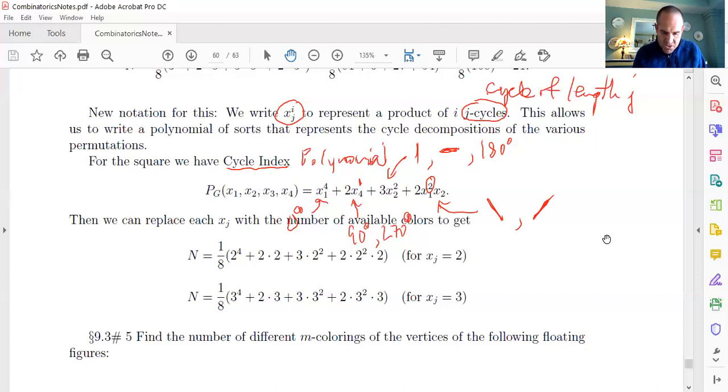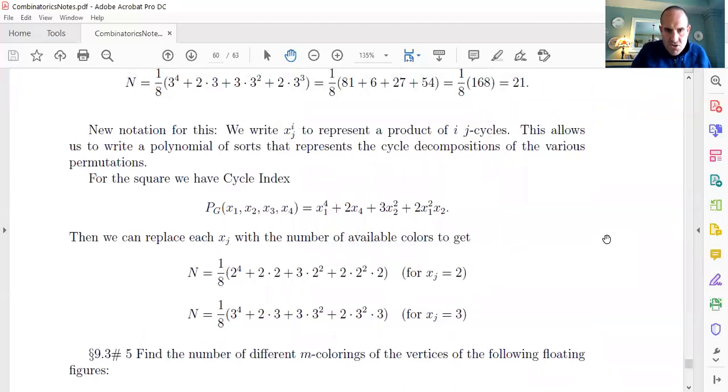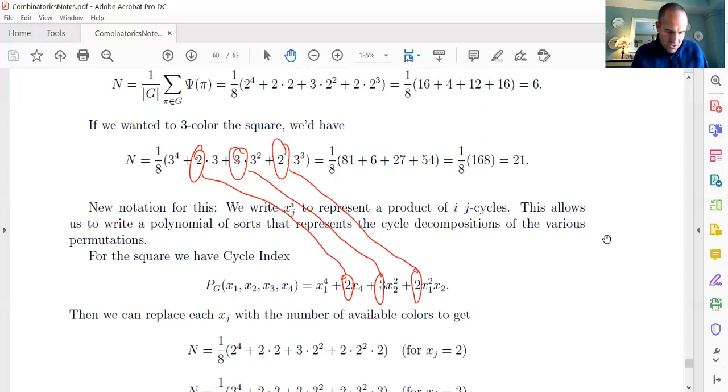And what's interesting is we can kind of see what we would have to do to get the answers that we got above. You see this? So this 2 right here is this 2, this 3 right here is this 3, and this 2 right here is this 2.